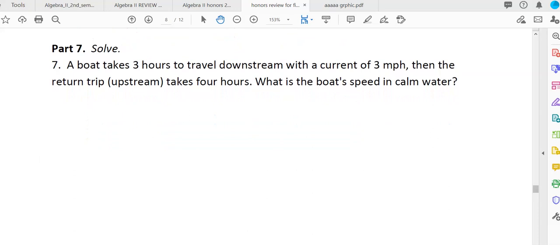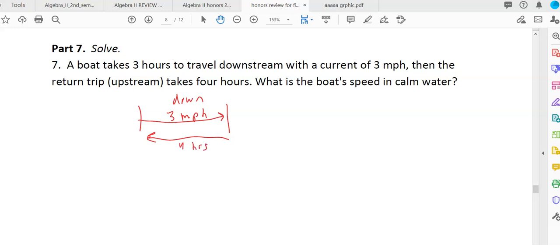So it takes 3 hours to travel downstream with the current. So it's kind of going downstream with 3 miles per hour. This is downstream. The return trip this way takes 4 hours. So 4 hours.